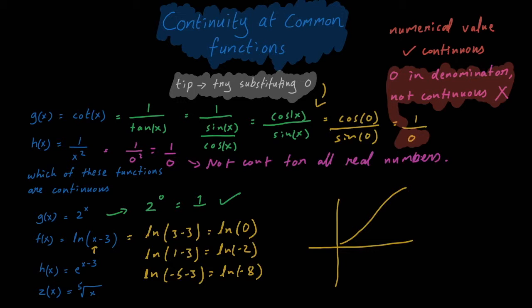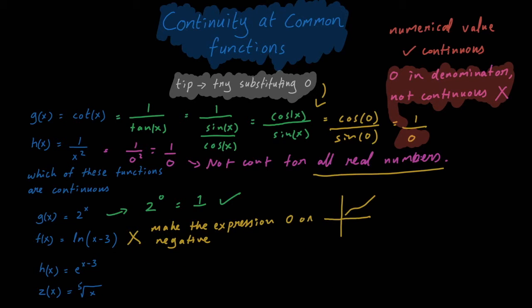So these are not defined for these points, and hence it is not continuous for all real numbers, because negative numbers are also real numbers. So in order to prove that it is not defined for all real numbers, you have to plug in any value inside x, so the whole expression would become negative.